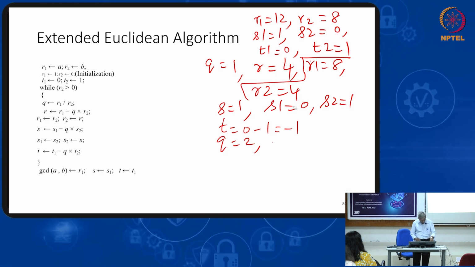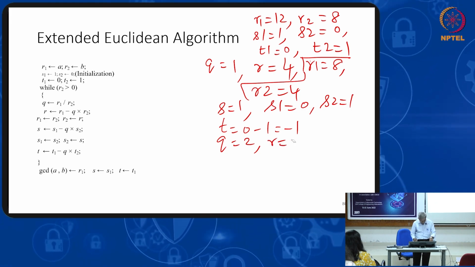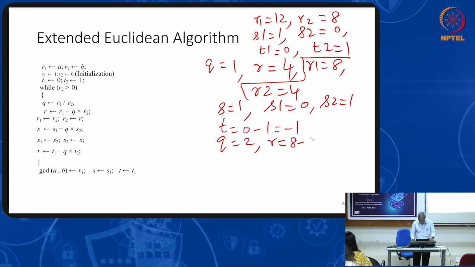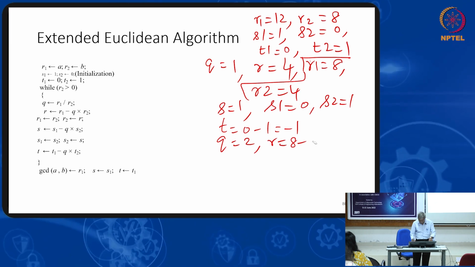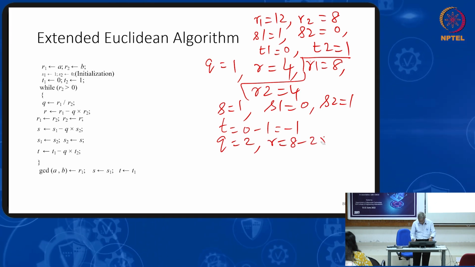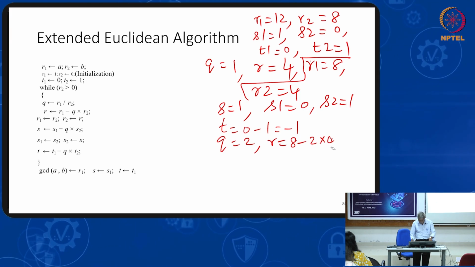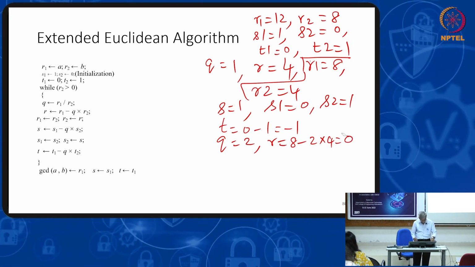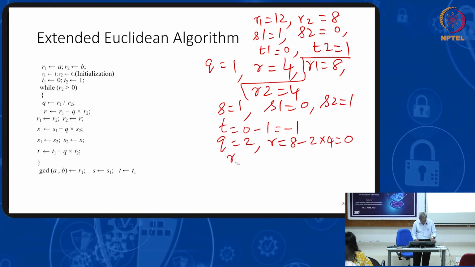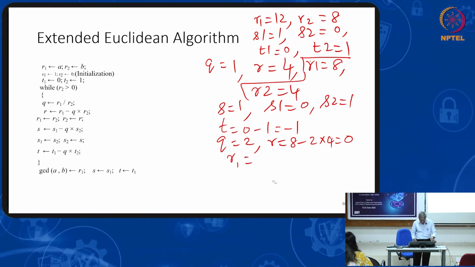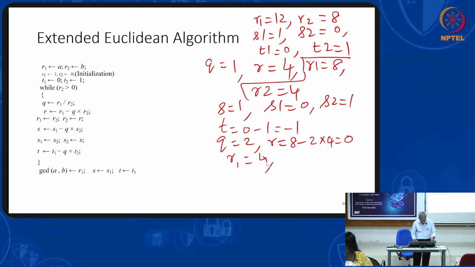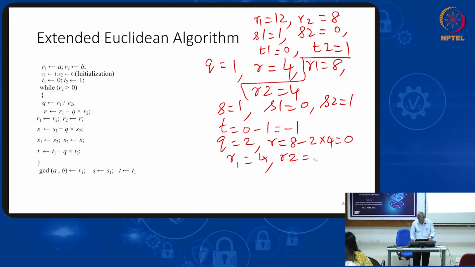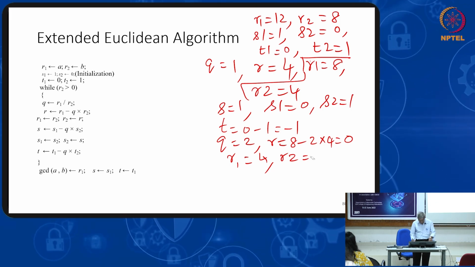R is 8 minus 8. Now R1 equal to R2. Right now R2 is 4. R2 equal to R.